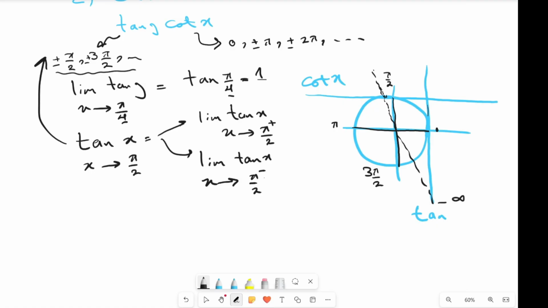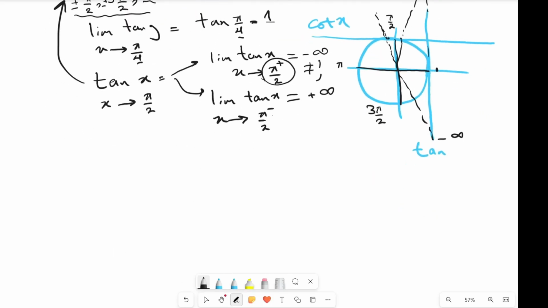Therefore, the limit of tangent from the right side is minus infinity, and from the left side, when we follow it, they intersect at positive infinity. So we understand the limit does not exist, because the two sides are not equal: one is minus infinity and the other is positive infinity.